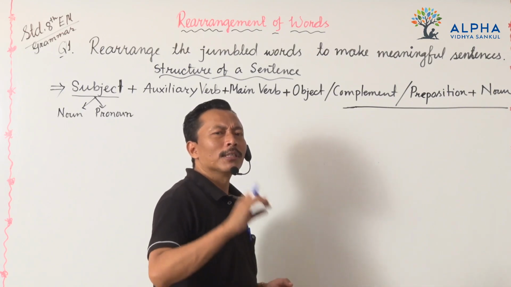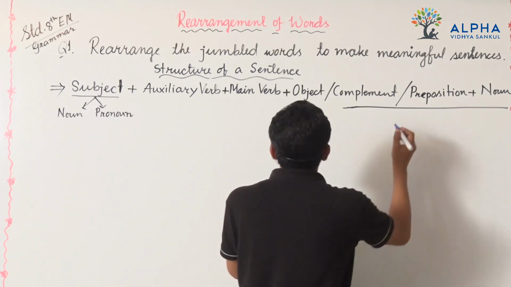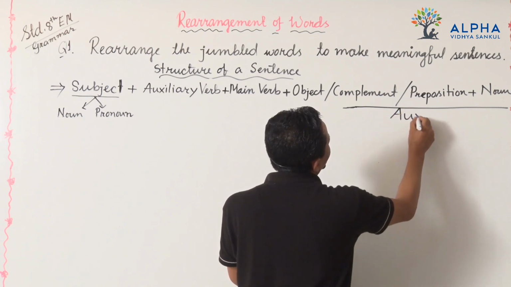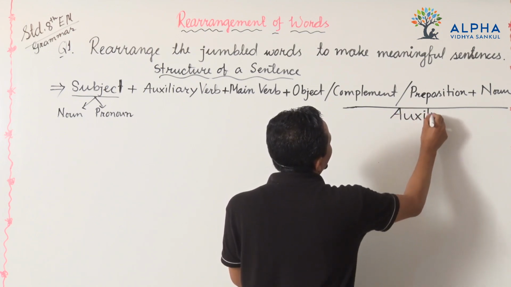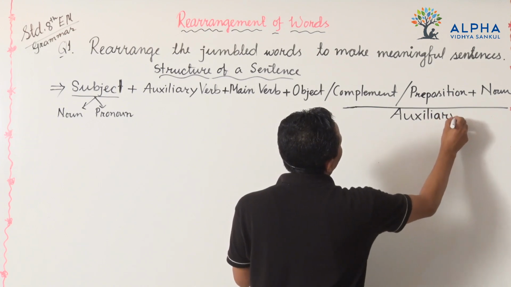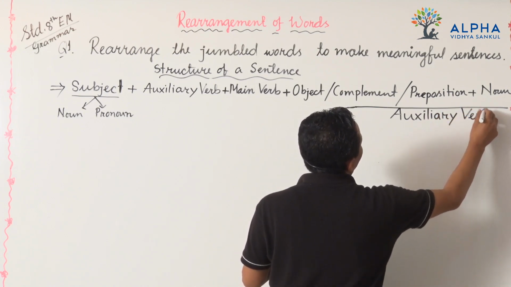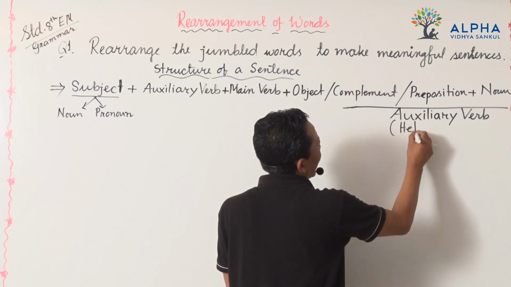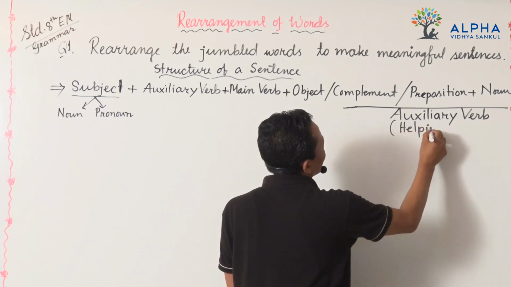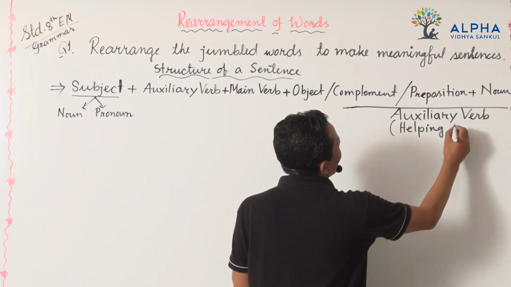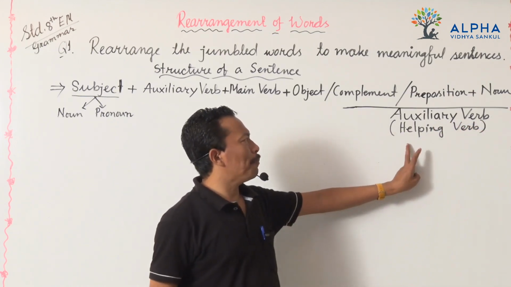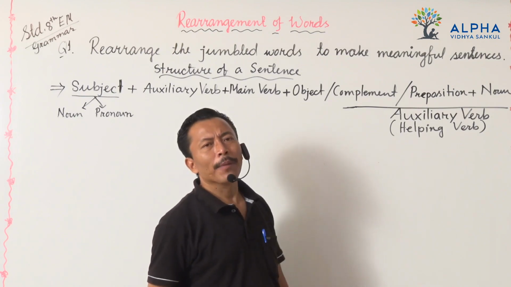Different names, the thing is same. Auxiliary verbs help the main verb. Why are they called helping verbs? Because they help the main verb.